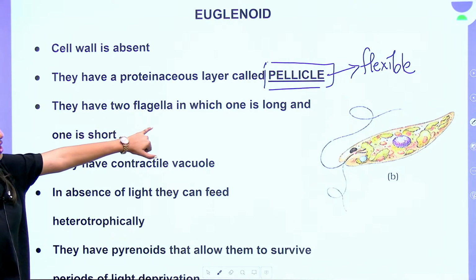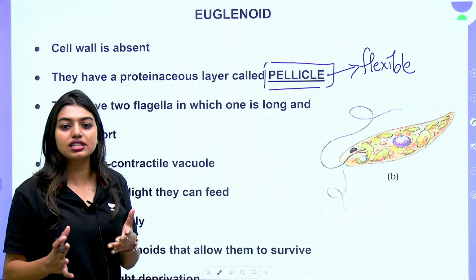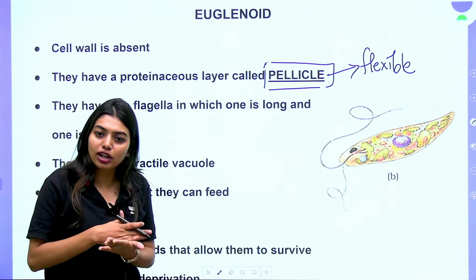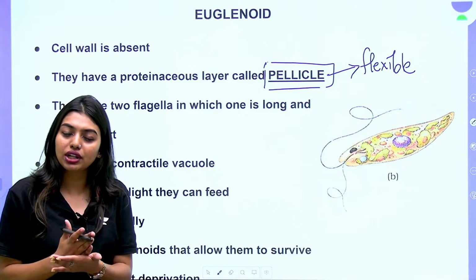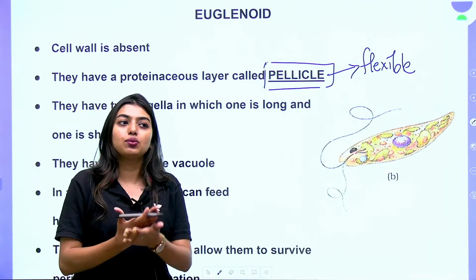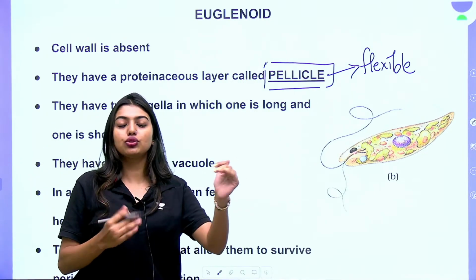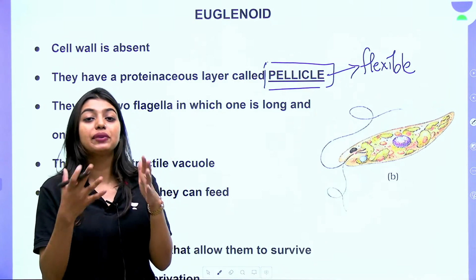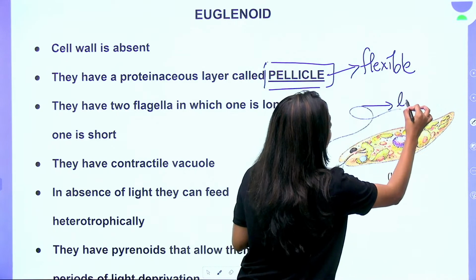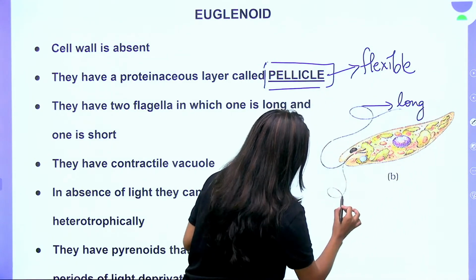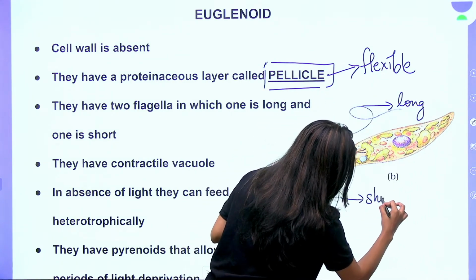Now, they have two flagella. So, students, there are high chances that you get confused between dinoflagellate flagella and euglenoid flagella. Understand that in dinoflagellates, one flagellum is longitudinal, one is transverse. In euglenoids, look here, one is long, another one is short.